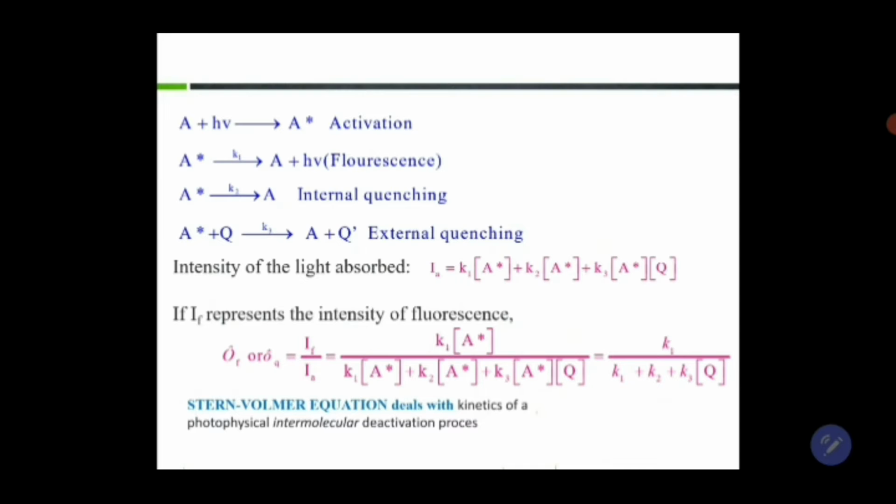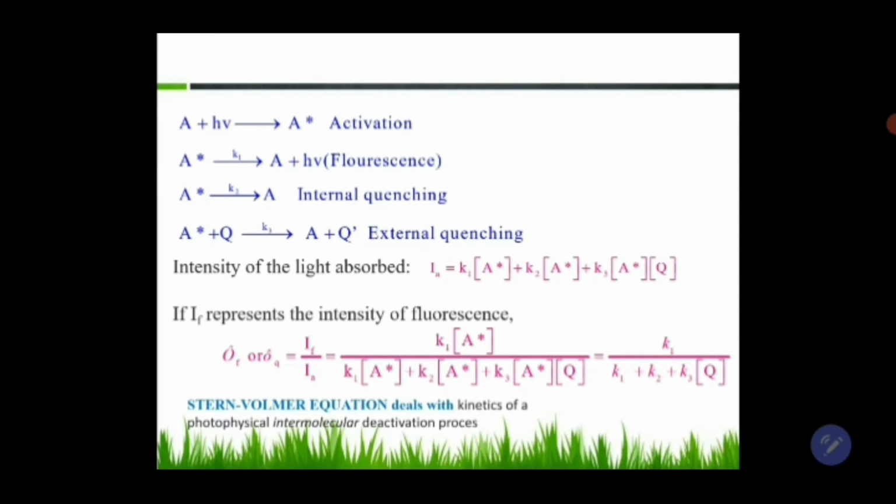Another way is the activated molecule could deactivate by internal quenching, singlet state to triplet state, or it could be external quenching, colliding with another molecule and transferring the energy to another molecule. So A star plus Q gives A plus Q. Here the A is deactivated.